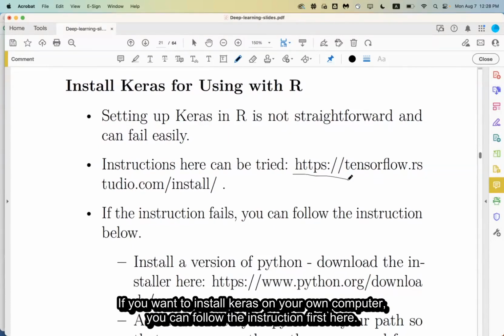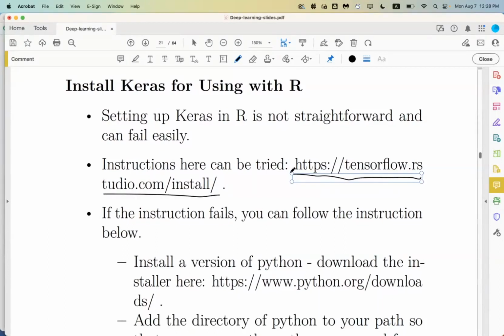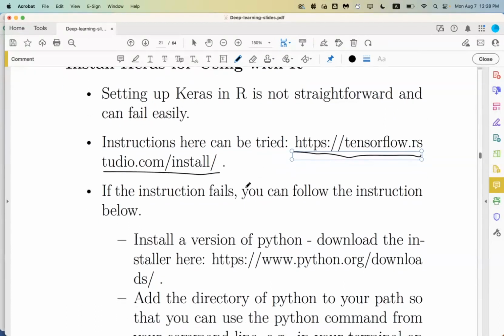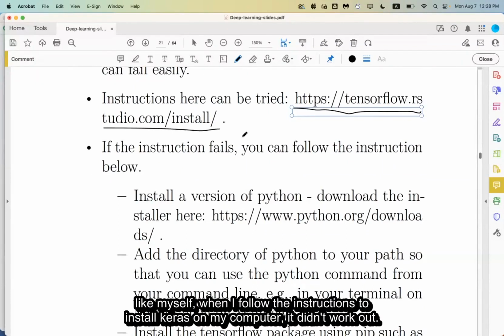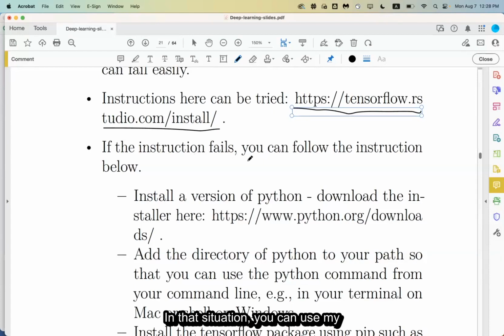If you want to install keras on your own computer, you can follow the instruction first here. And if the instruction didn't work, like myself, when I followed the instruction to install keras on my computer, it didn't work out. In that situation, you can use my instruction here.